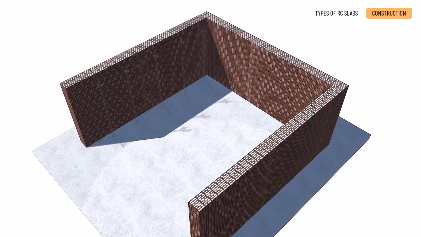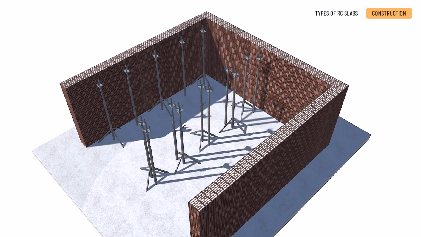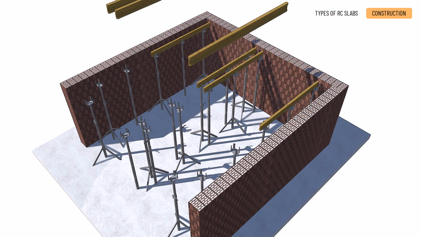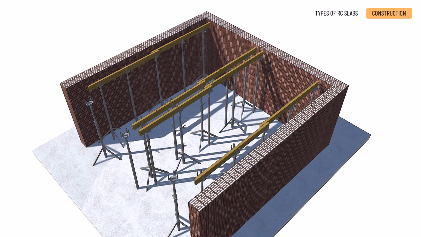First, position and adjust the three-legged, drop-headed floor props to the desired height. Next, insert the primary beams. After that, position the cross beams.